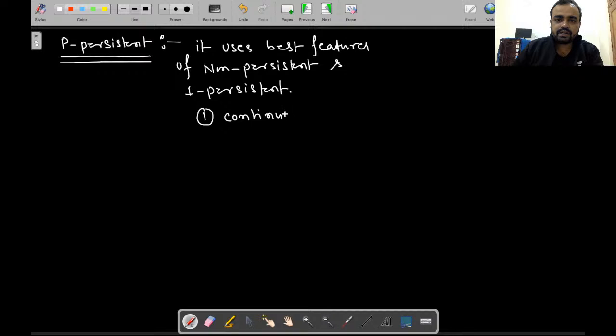The medium will be continuously sensed, and this is the method of non-persistent.